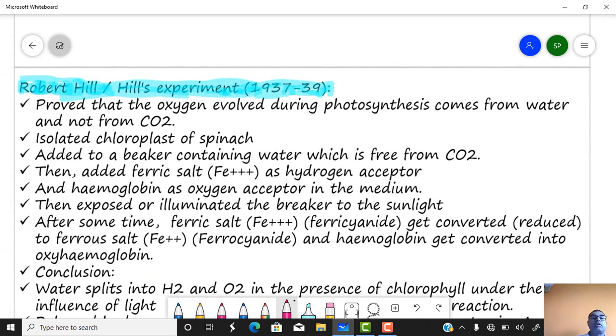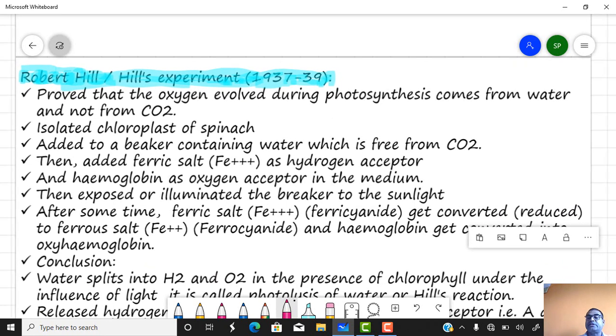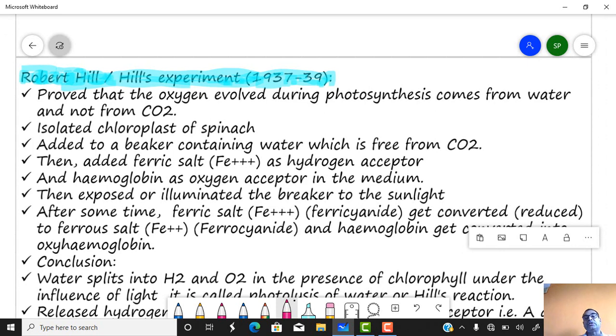Later on, Robert Hill's experiment, in 1937 to 39. Robert Hill experimentally proved that during photosynthesis, the oxygen evolved is from the water and not from the carbon dioxide.